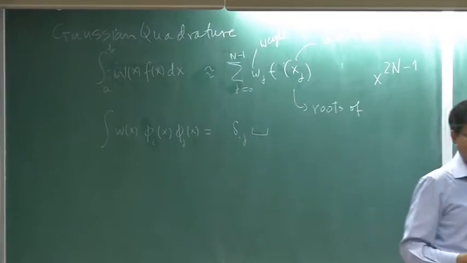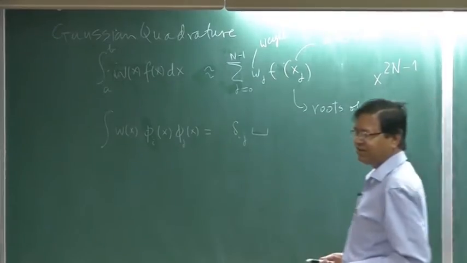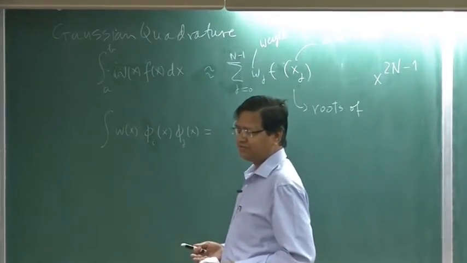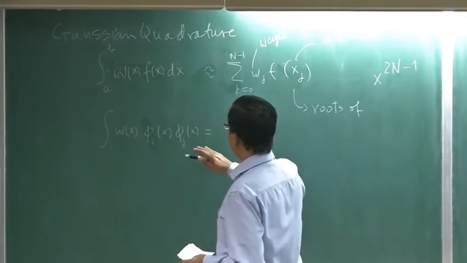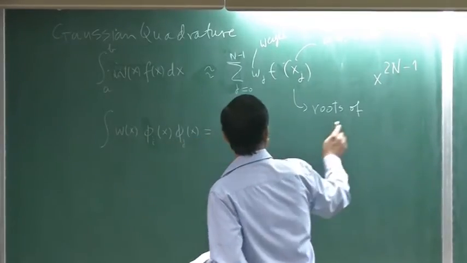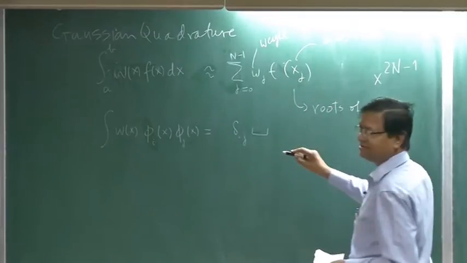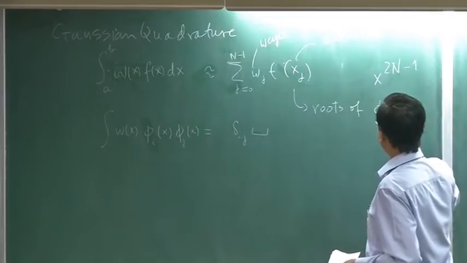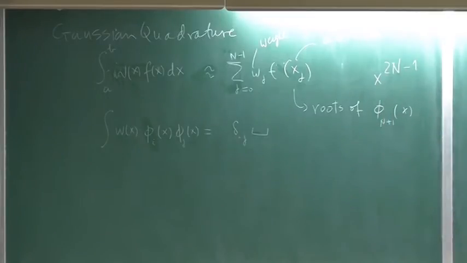It depends on the polynomials, and w(x) is not necessarily equal to 1. Sometimes it is 1, for Legendre it is 1, but it need not be. So you choose these polynomials, and the x_j's are the roots of which polynomial? Phi_n plus 1. So this will have n roots.